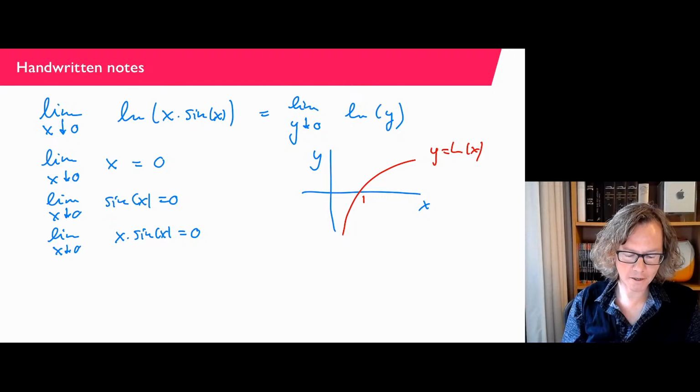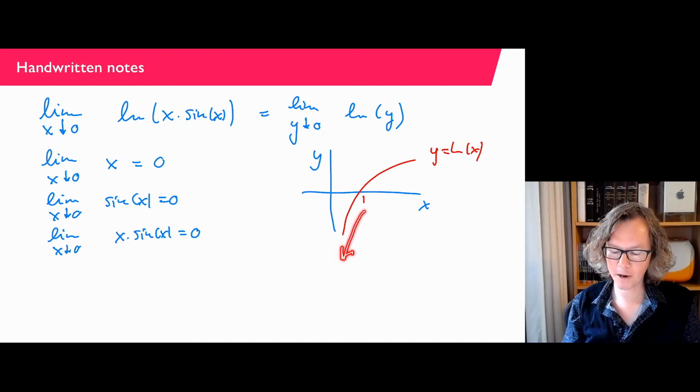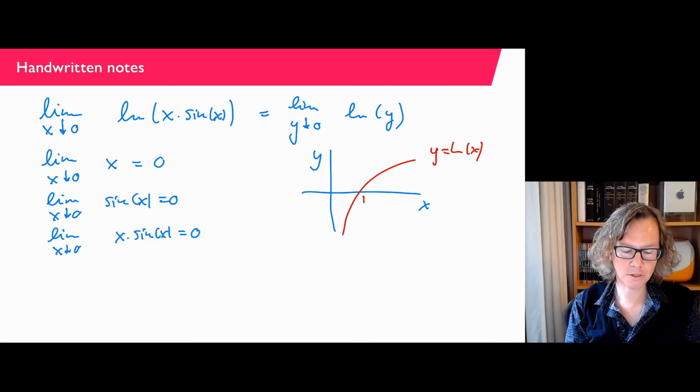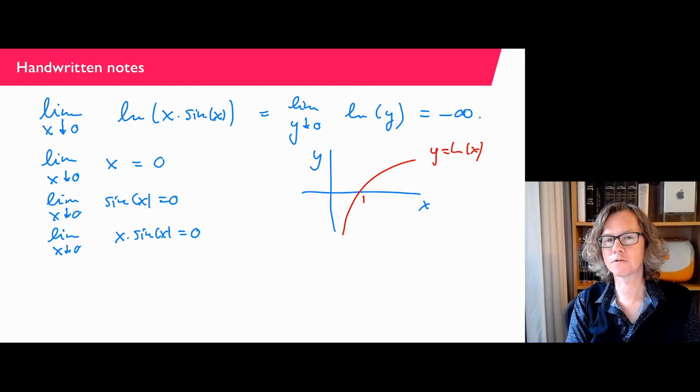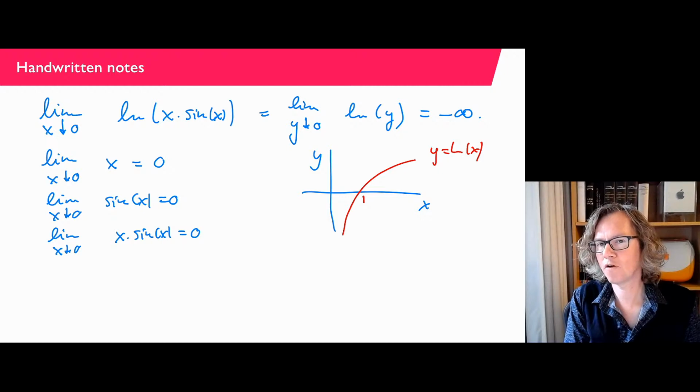But quickly, we now have the limit where we are walking along the red graph. And as you can see, this limit is going to be minus infinity. So, as you see, the limit does not exist, is one way of putting it.